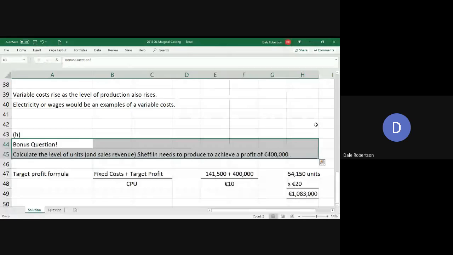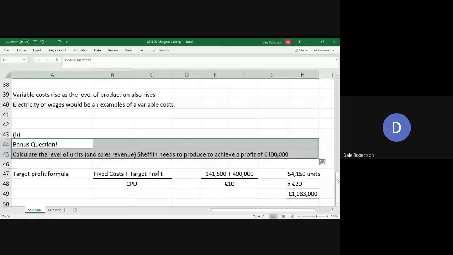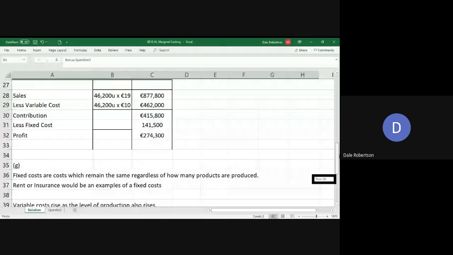It says calculate the level of units and sales revenue Shefflin needs to produce to achieve a profit of €400,000. Now, that's what we call a target profit. They tell you to get a profit of 400,000, what would we need to sell? Well, if you go back up here for a moment to the original, we have a profit of almost 300,000 by selling 44,000 units.